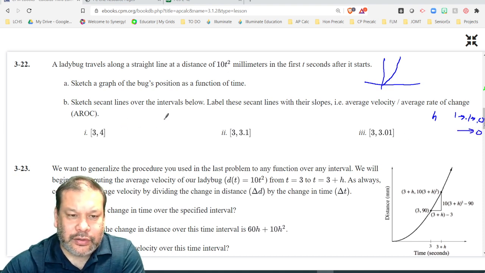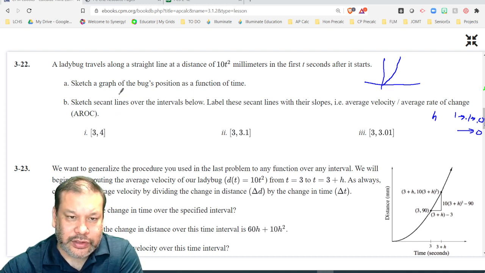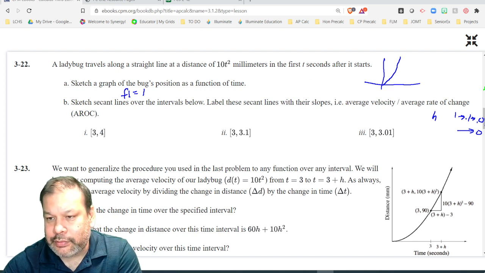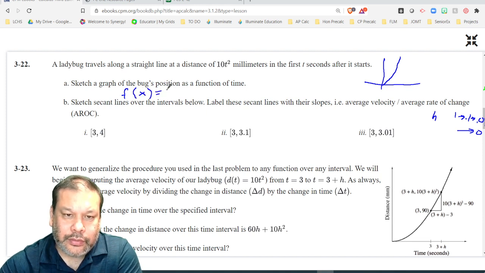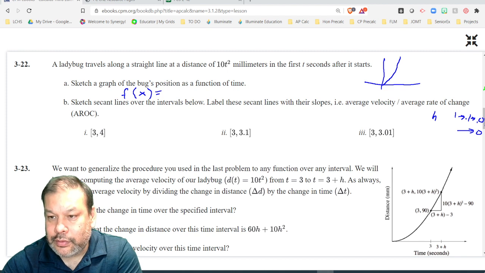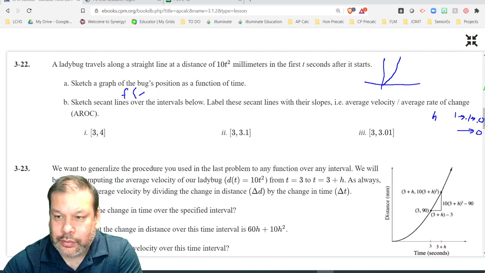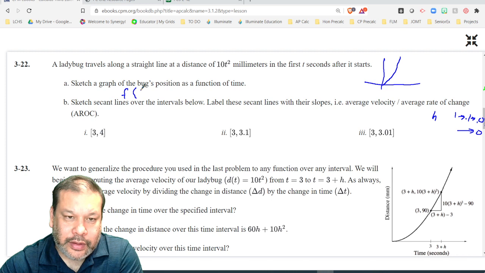So let's look at this. The function is f of t equals 10 t squared.